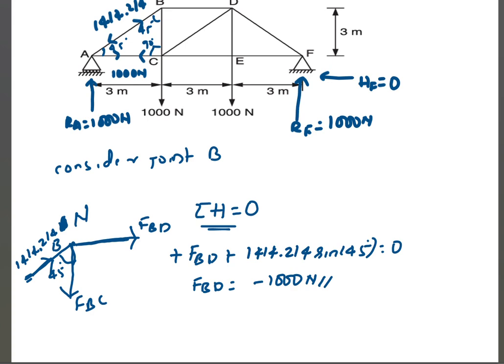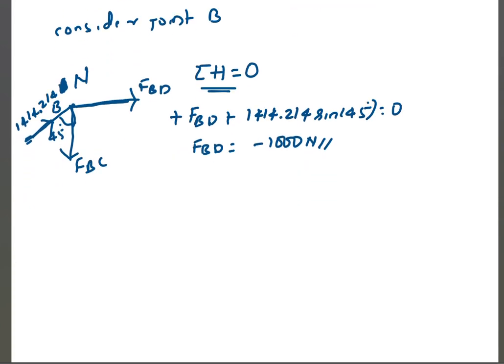Now summation of all the vertical forces is equal to 0. So how many vertical forces are there? Two vertical forces. One is FBC and the other one is the inclined force 1414.214. Here FBC is acting towards down.